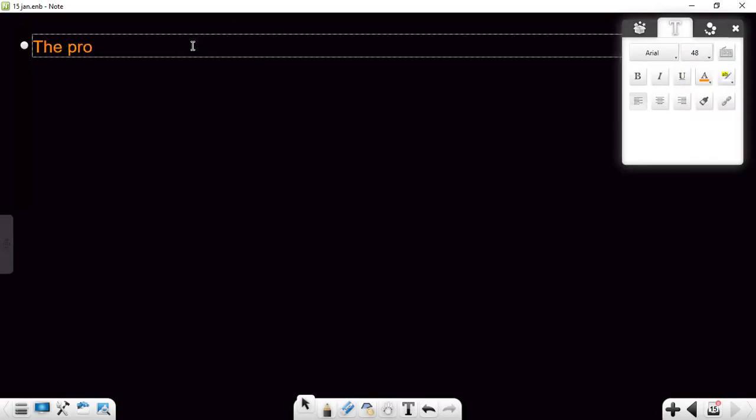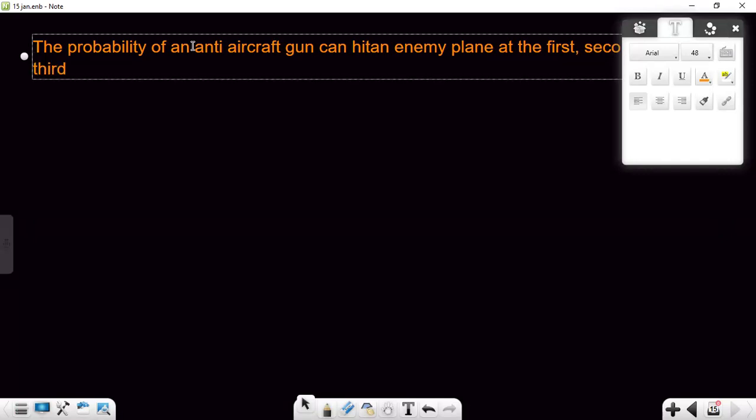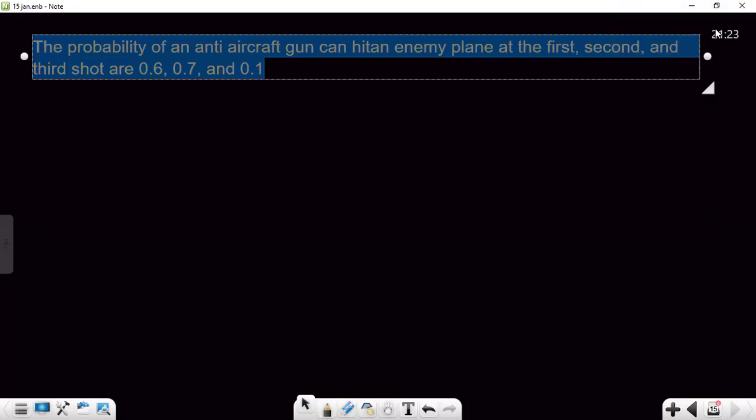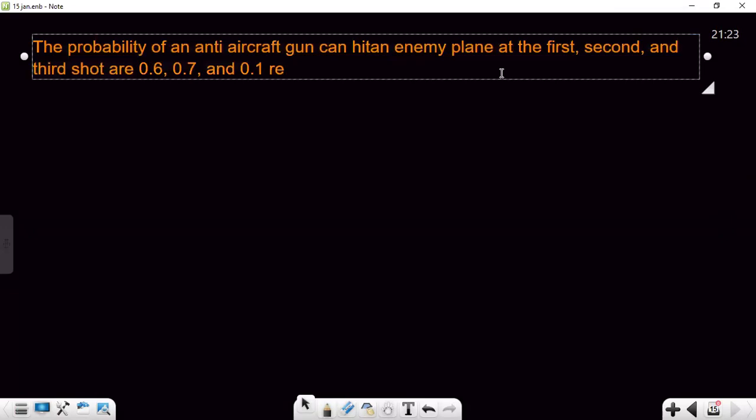The question is: the probabilities that an anti-aircraft gun can hit an enemy plane at the first, second, and third shot are 0.6, 0.7, and 0.1 respectively.